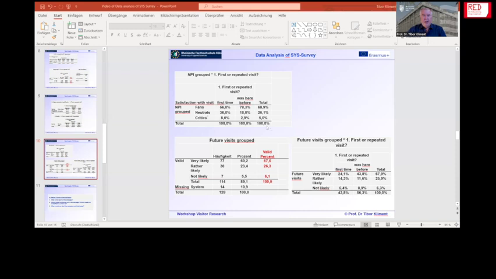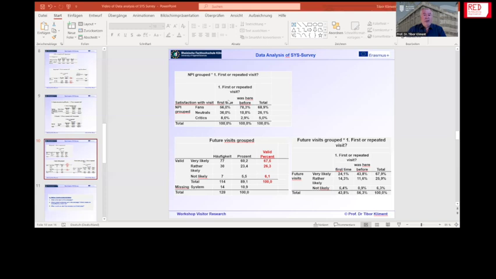So what we can see here is that among the regular visitors, the share of fans is around 78%. Neutrals or critics are less to be found here. First-time visitors, fans, there is a little more than every second visitor a fan, only 56%. Neutrals are 36% and critics 8%.